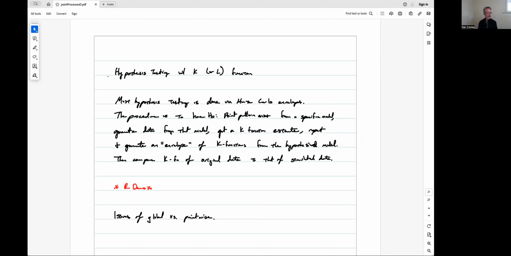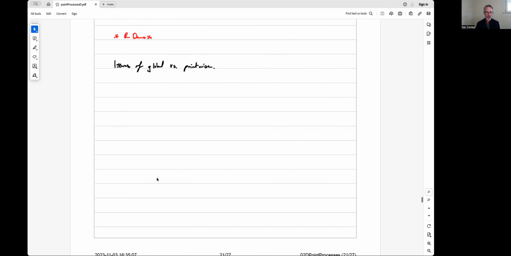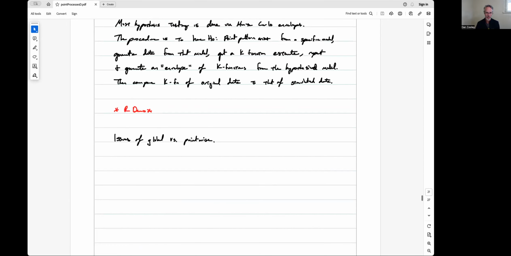Well, not really permutation because we're not resampling the data, but we're just generating K functions under complete spatial randomness, making an envelope of those K functions, and seeing how our observed K function deviates from that envelope, or whether it is within what would be expected under complete spatial randomness. So again, let's jump to R.